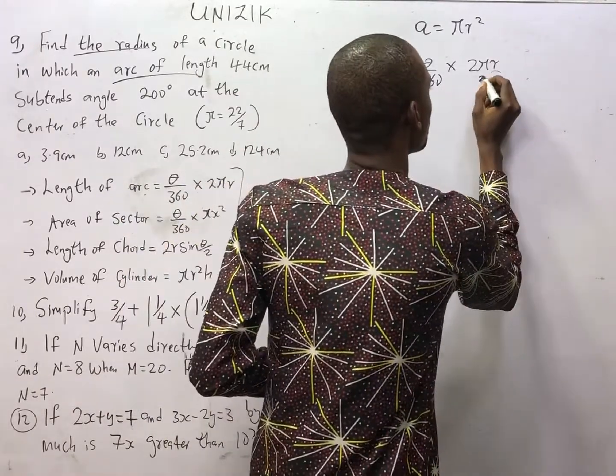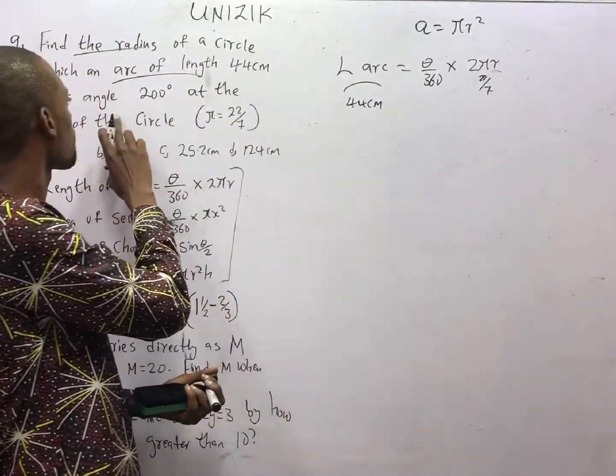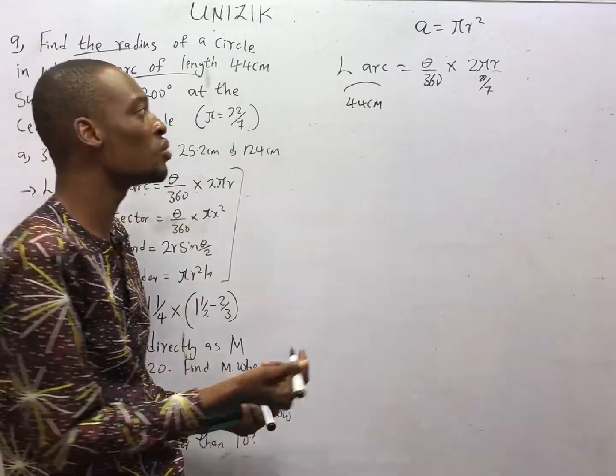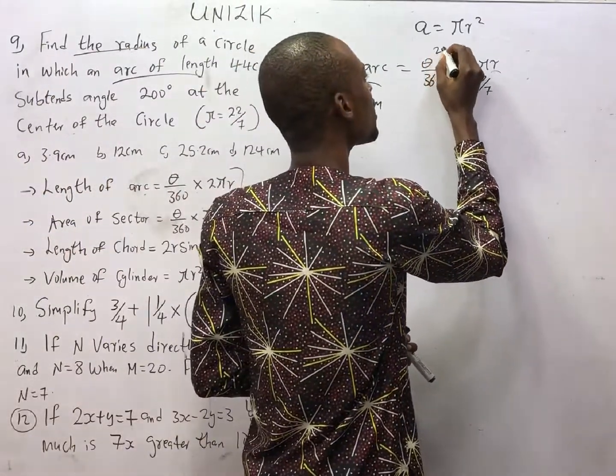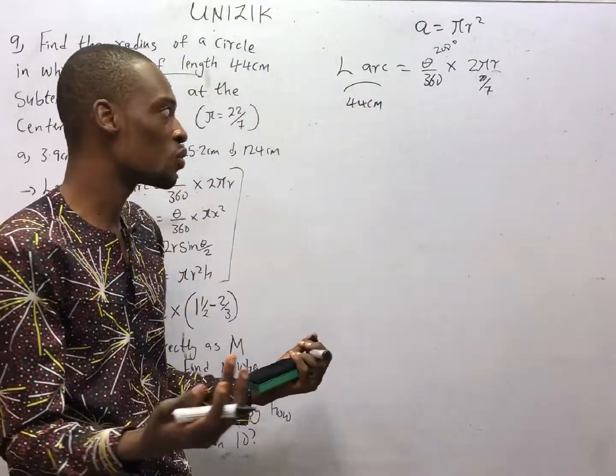Pi is 22/7. You see? And the angle subtends 200 degrees at the center of the circle. So theta is 200 degrees. With this, you have everything that you want.